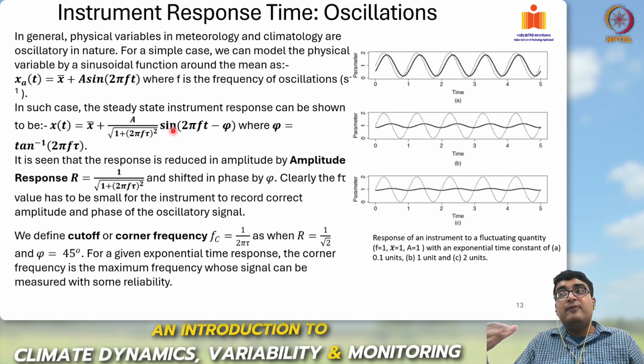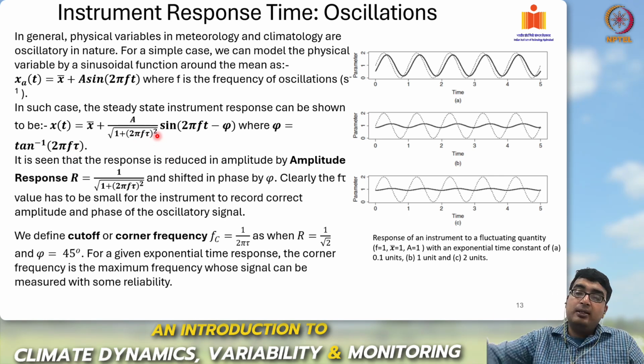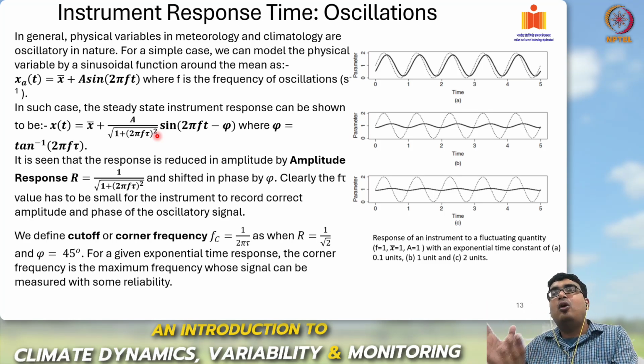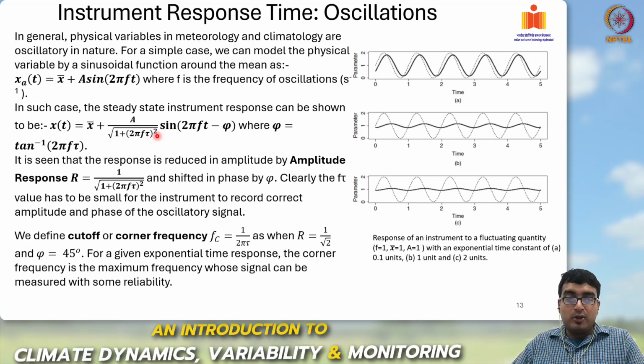And there is a phase difference between the actual signal and the instrument response. This phase difference is given by this term psi, and psi is tan inverse 2 pi f tau. So this 2 pi f tau term becomes important both in decreasing the amplitude that is being measured and changing the phase of the signal response.